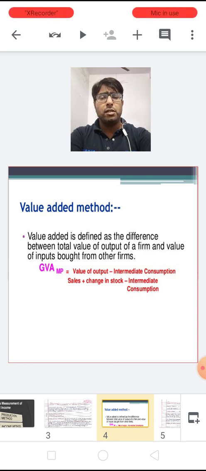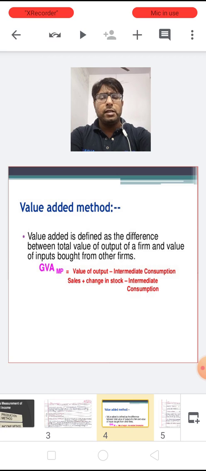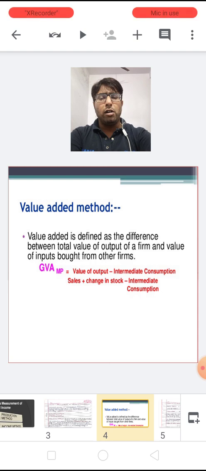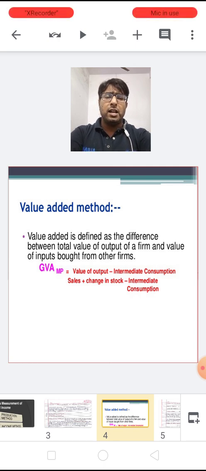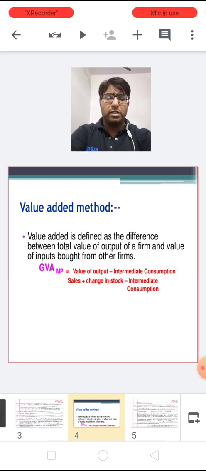When we sum the gross value added of all the sectors, the primary, the secondary as well as the tertiary sector, we get the gross value added at market price, which we also call gross domestic product at market price, which is always equal to value of output minus intermediate consumption, or sales plus change in stock minus intermediate consumption. So these are some of the formulas which will be very helpful in calculating the national income by this method.